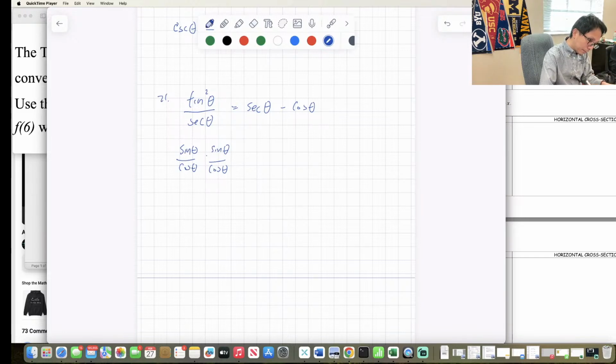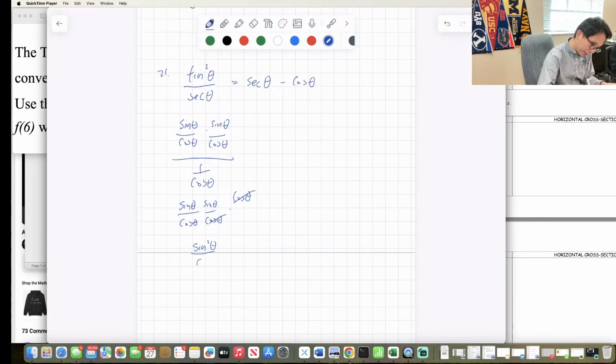Hold on a second. Do I want to do that? Okay, so times 1. This is secant theta, so it's 1 over cosine theta. And then I'm going to do keep, change, flip. So it'll be sine theta. Oh, don't copy down anything yet. So 1 over cosine theta cancels out, and that becomes sine squared theta over cosine theta.